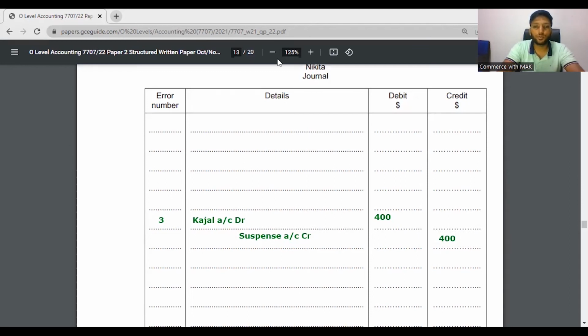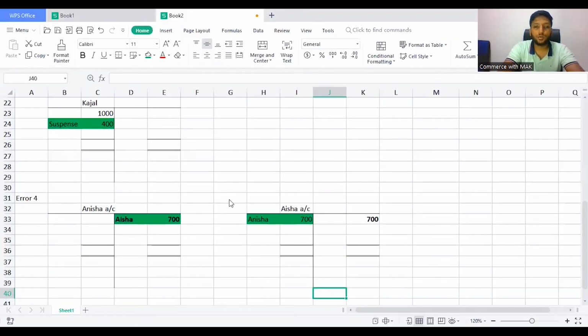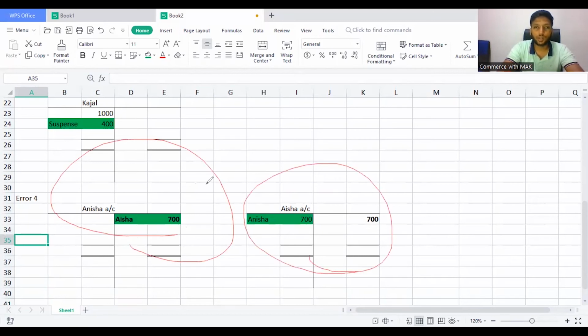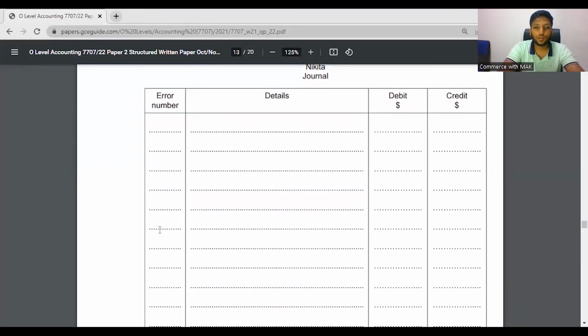Then we are moving on to the fourth adjustment as per the sum. What do we have? We have Anisha's account credit. Aisha's account getting debit. So it's easy for us to write it down. So error number 4, Aisha account debit.